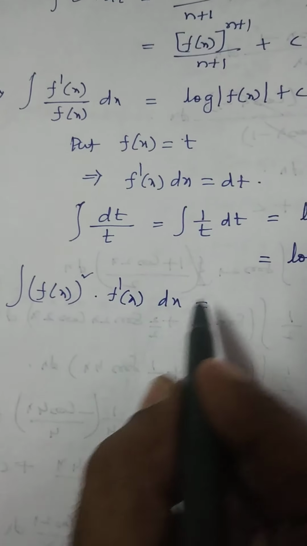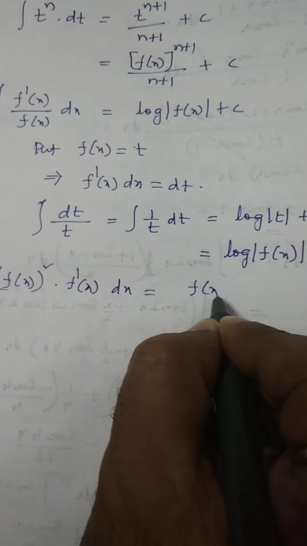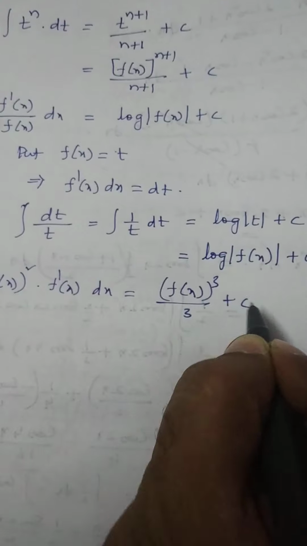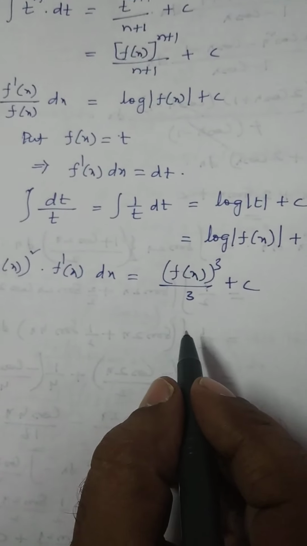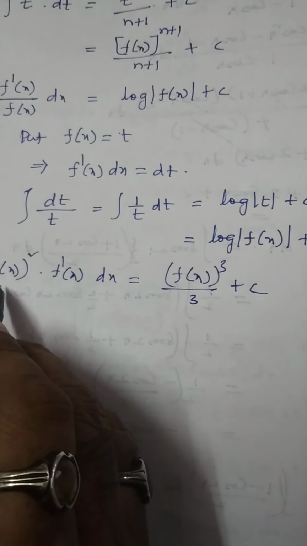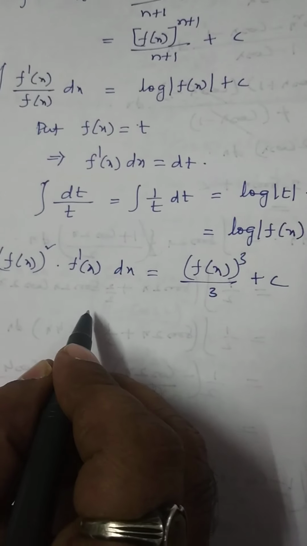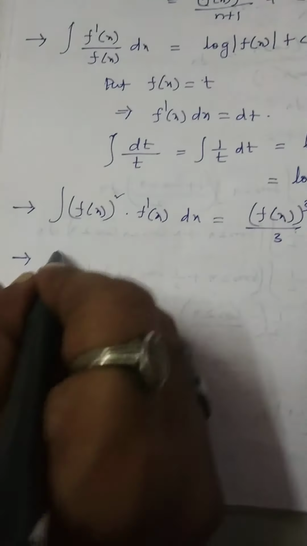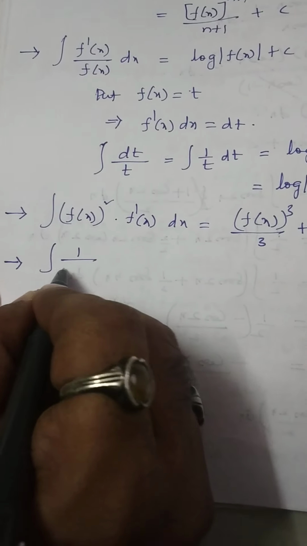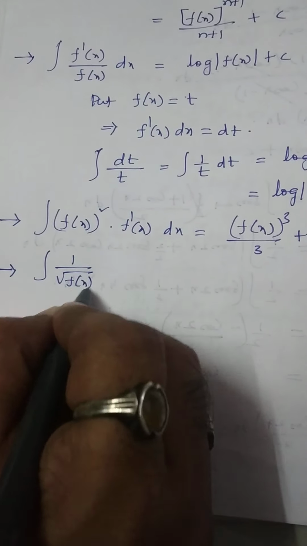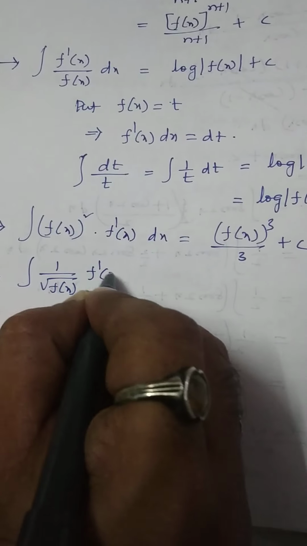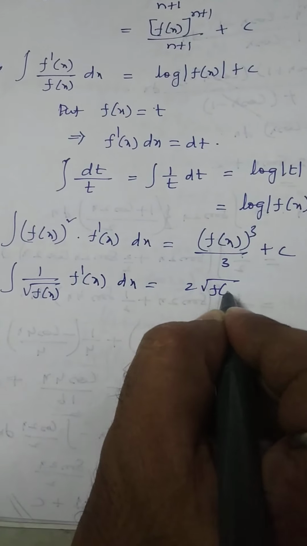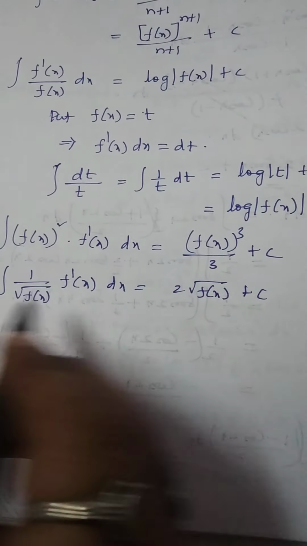Based on that we get f of x whole cube by 3 plus c. Try to get the proof of this, easily we can get it by substituting f of x is equal to t. Similarly the fourth one, integration of 1 by root of f of x into f dash of x dx is equal to 2 root of f of x plus c.